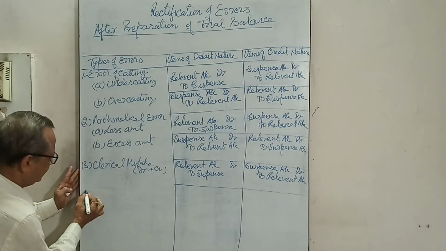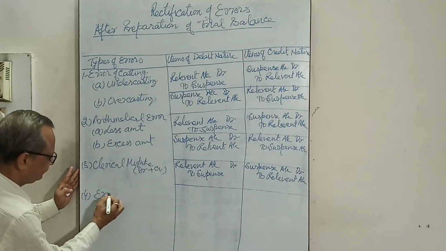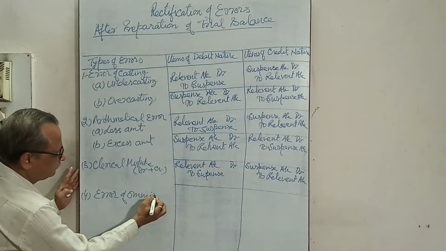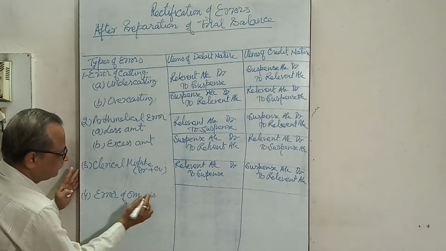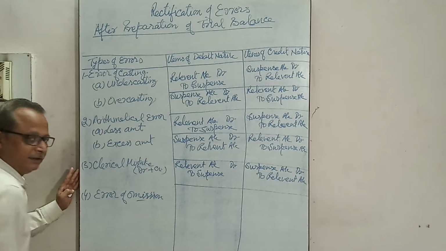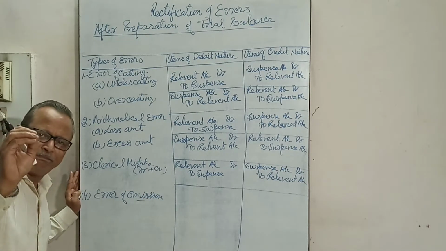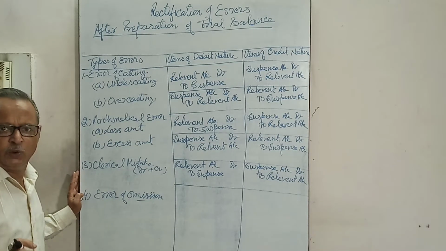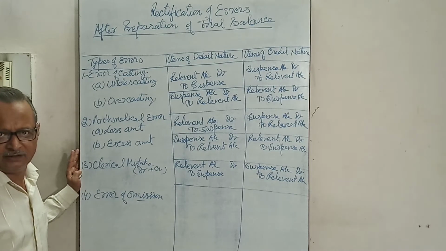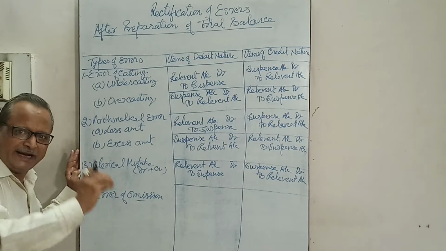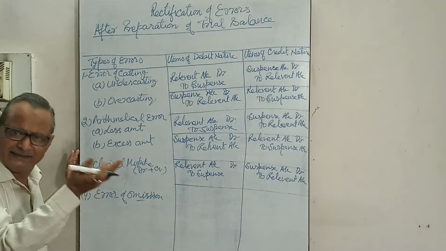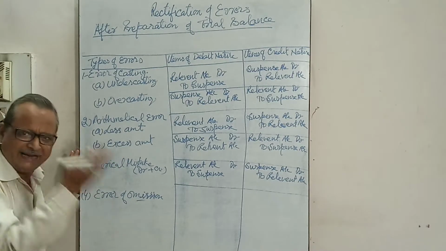Now next is error of omission. This is called partial omission, when it was posted in one account but not in another account. If it was omitted to be posted in the debit item, that only one account should be corrected by debiting it.